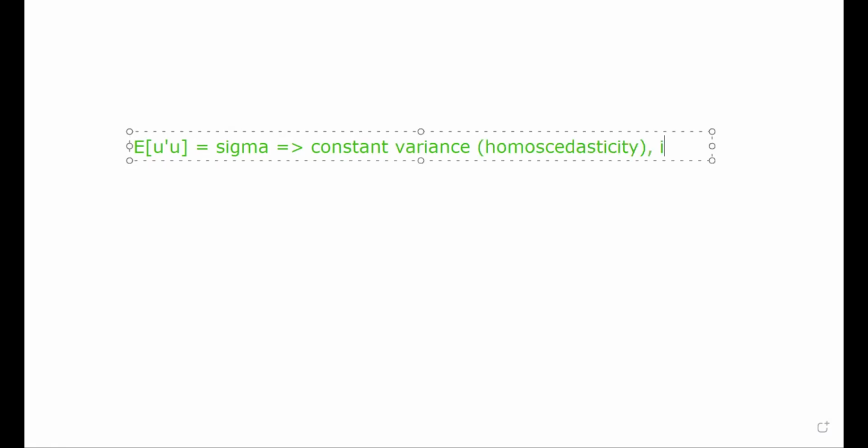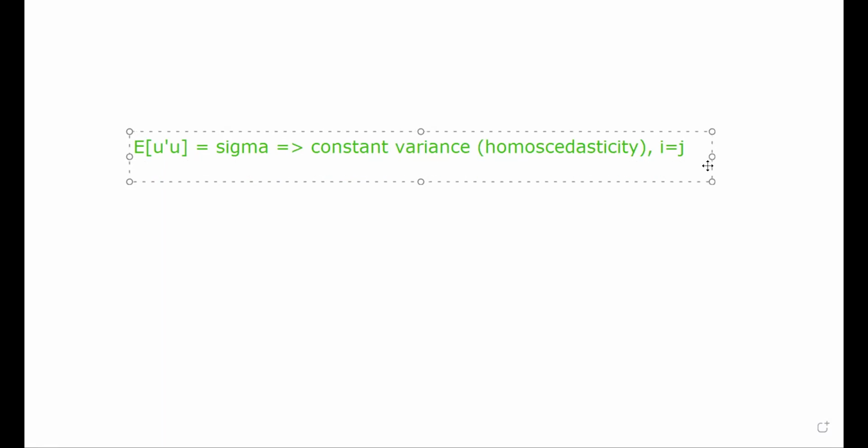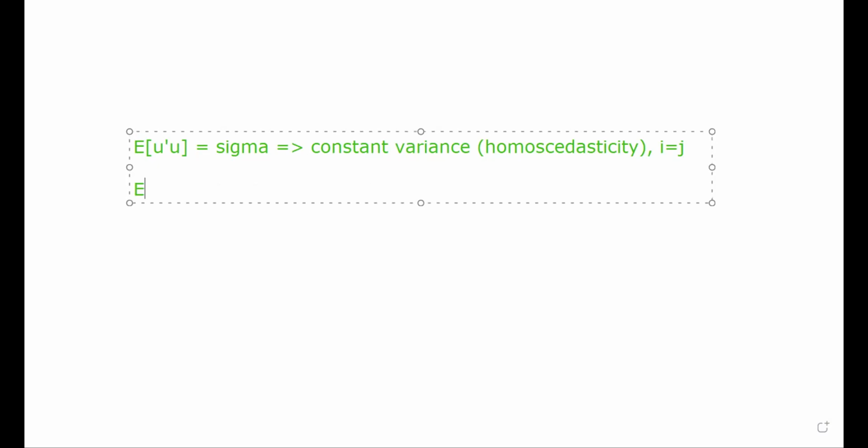And the other one is that the expected value of mu i mu j is equal to 0, for i not equal to j. This is the assumption of no serial correlation: no serial correlation exists between the residuals.